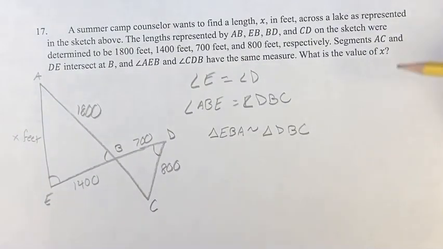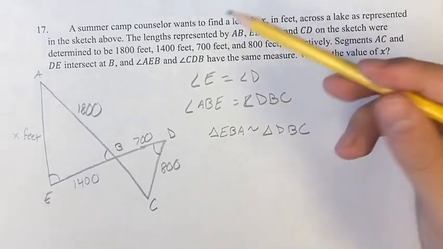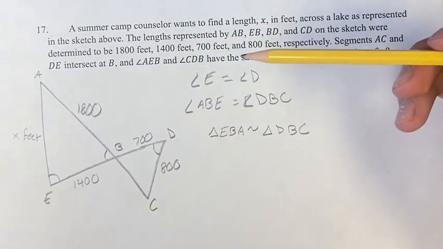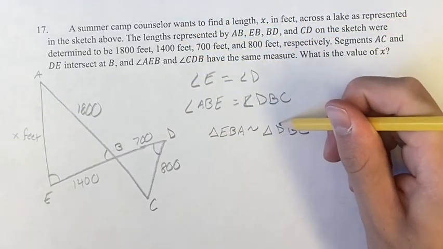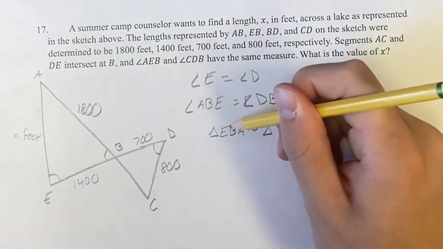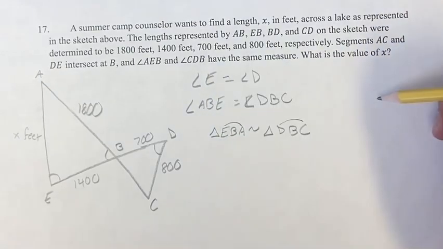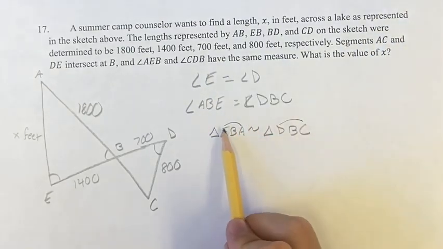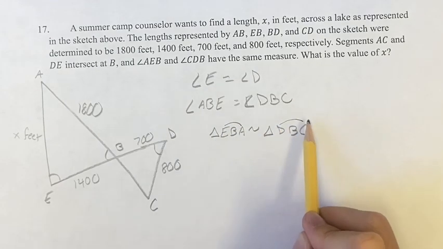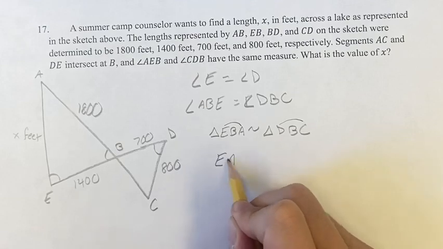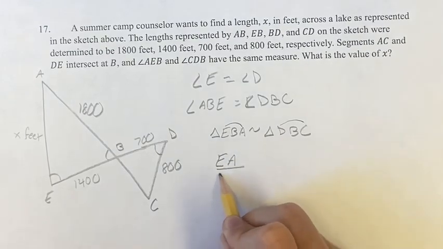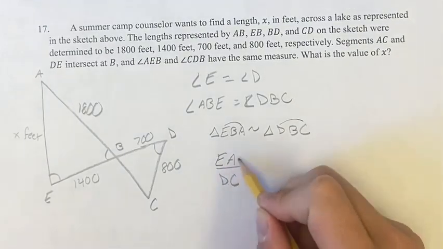So, what does that tell us? Well, since we know that DC corresponds with EA, making sure you're linking the corresponding angles to each other, so the first to the third and the first to the third, EA over DC. These are corresponding sides.